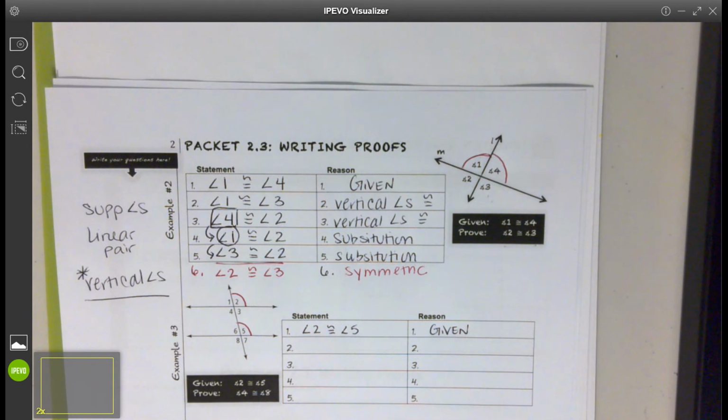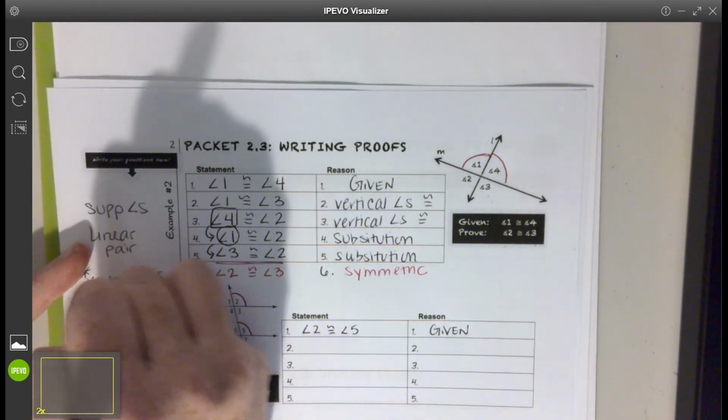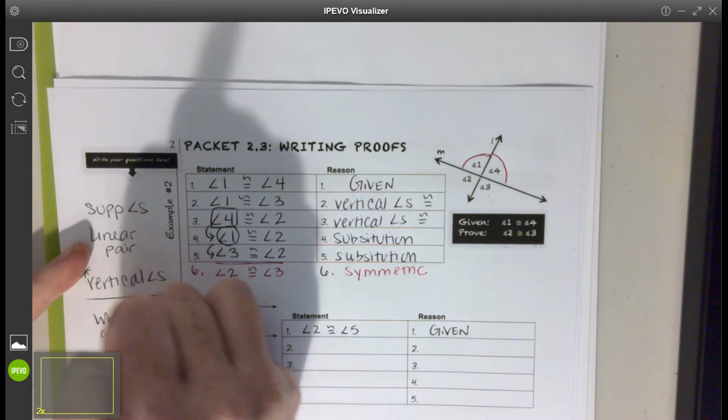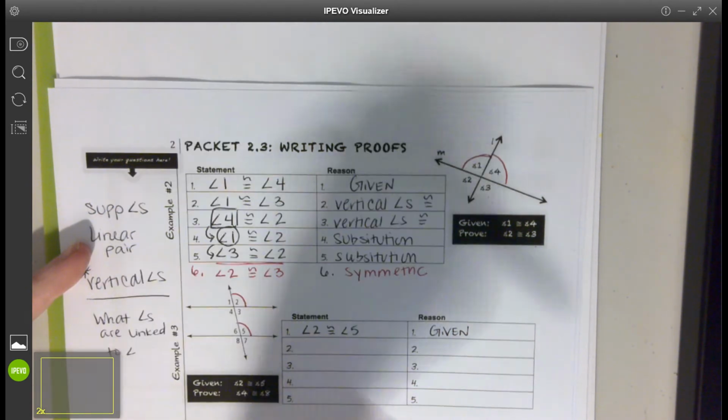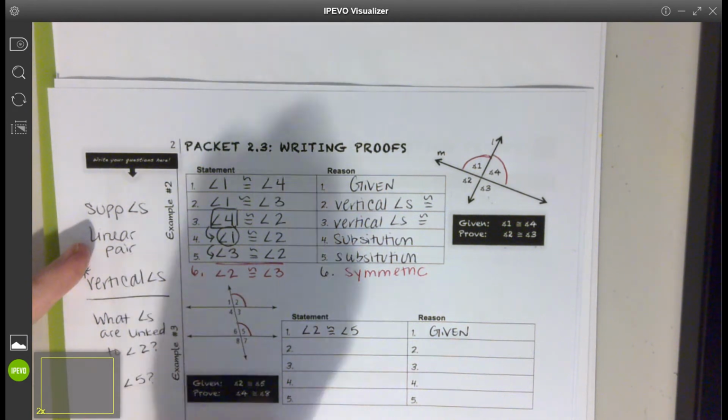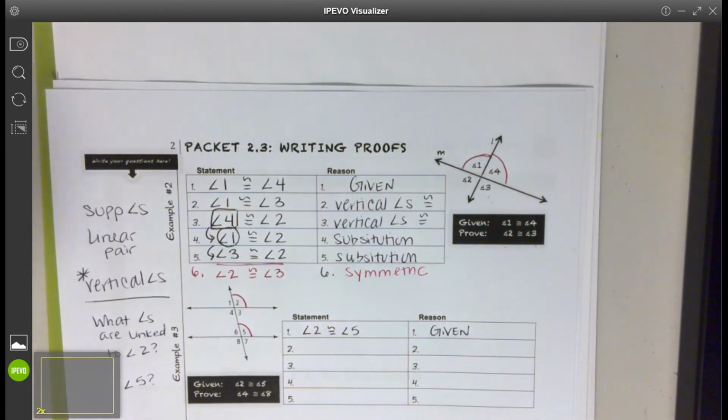We have 8 angles on this diagram, but I don't want to talk about all 8 angles. I only want to talk about what angles are linked to angle 2 and angle 5. That will help me connect information.